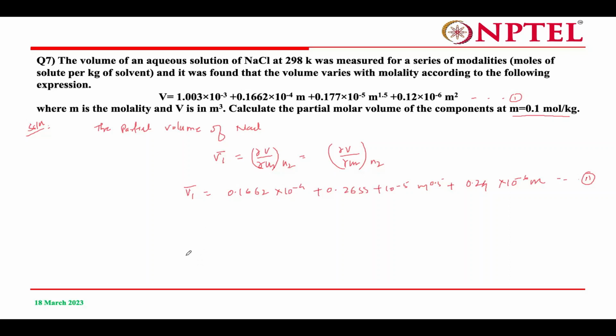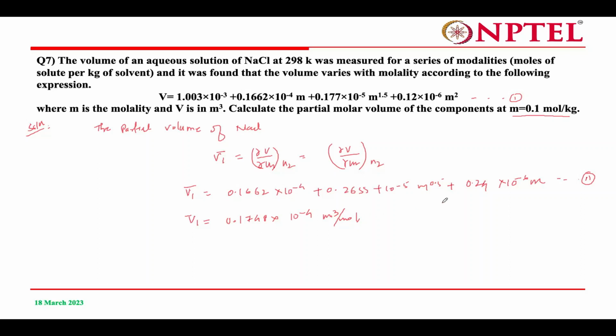Now you have to substitute m equal to 0.1 in equation 2. So you will get V1 bar is 0.1748 times 10 raised to power minus 4 meter cube per mole, right?